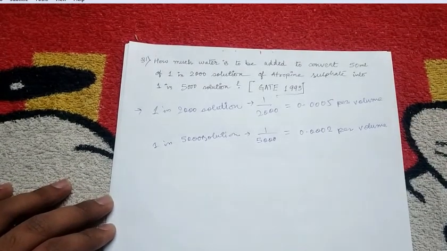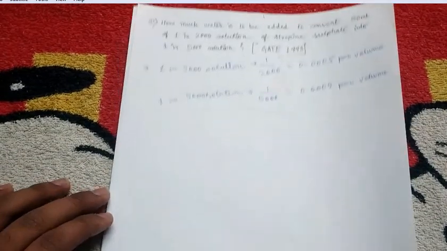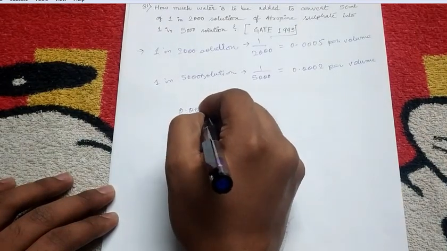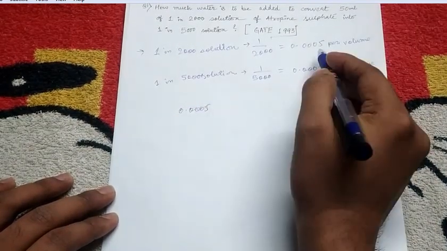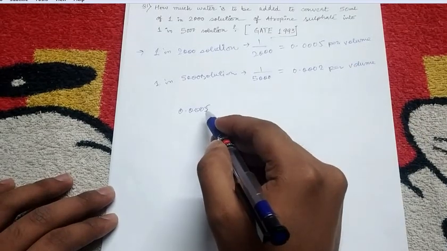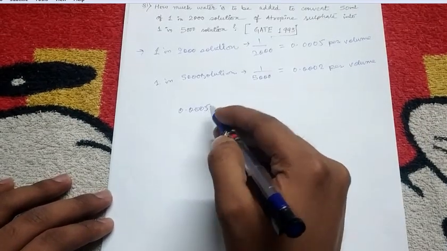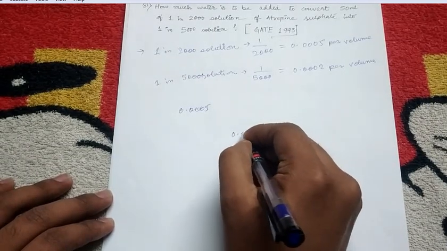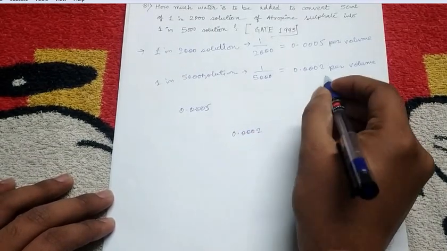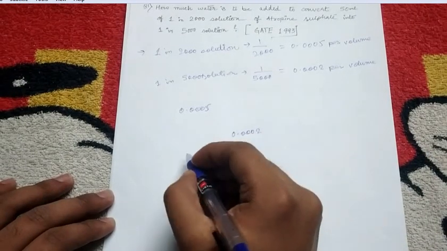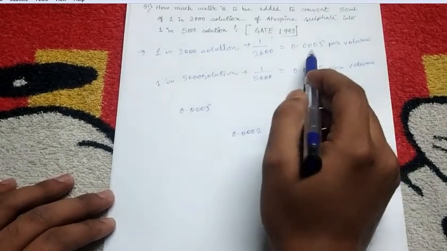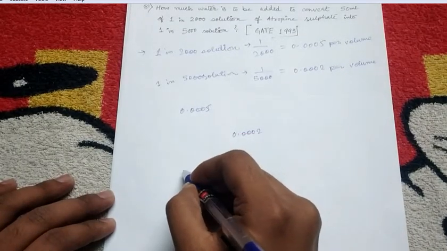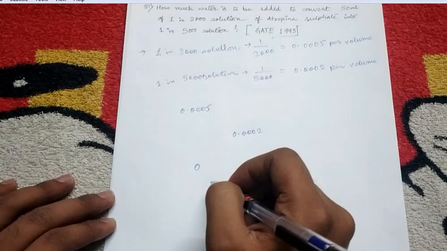Now by allegation method we have to find out that 0.0005, we have written the requirement greater percentage here, and then the required percentage 0.0002 per volume is written here, and as only one percentage is given, the other percentage or the weaker percentage we can consider as 0.